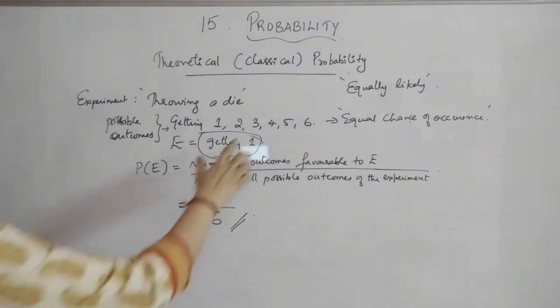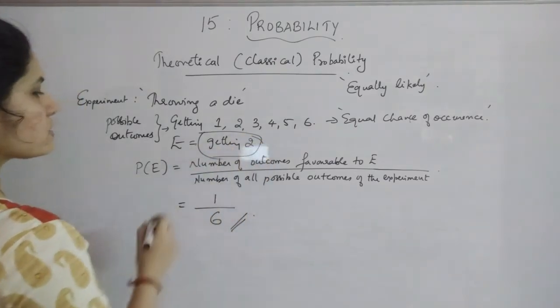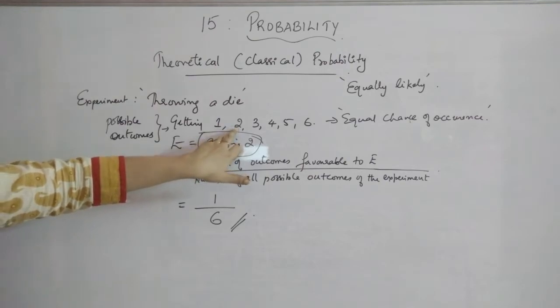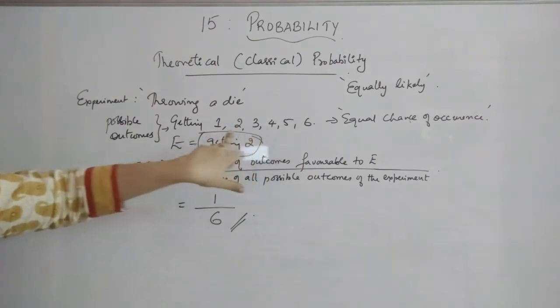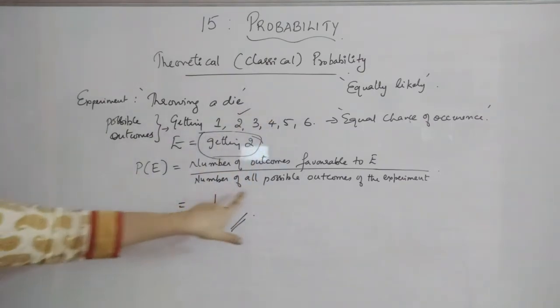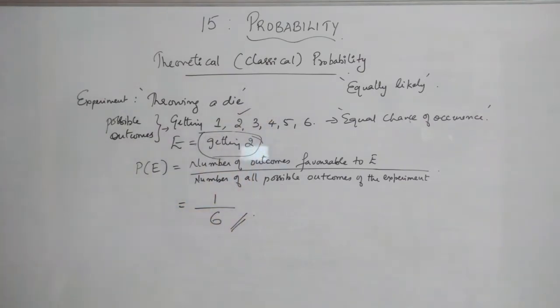Now if you consider getting a 2 as the event, then also the value will not change. We are not writing 2 by 6, it is how many times you have that 2 in that experiment or the possible outcomes. So 2 is only one time, so you will have 1 divided by the total number of outcomes, which is 6.